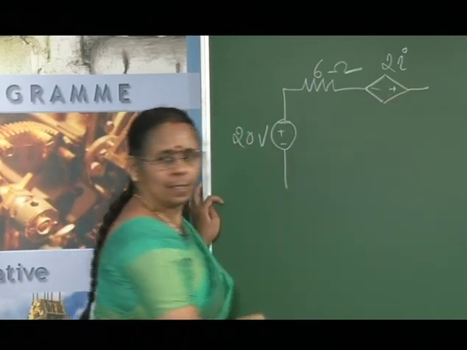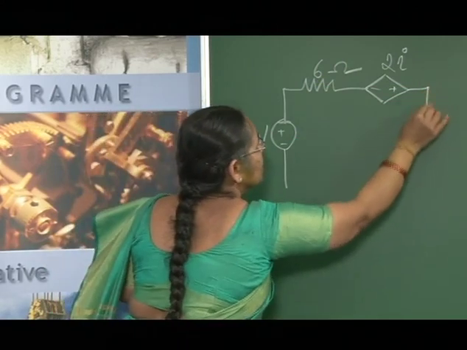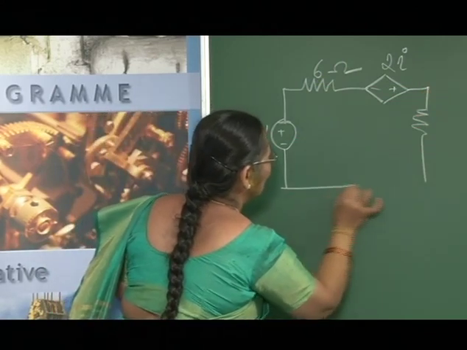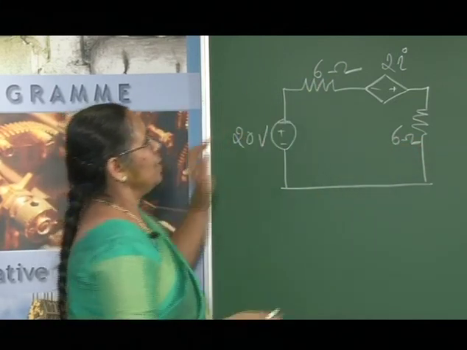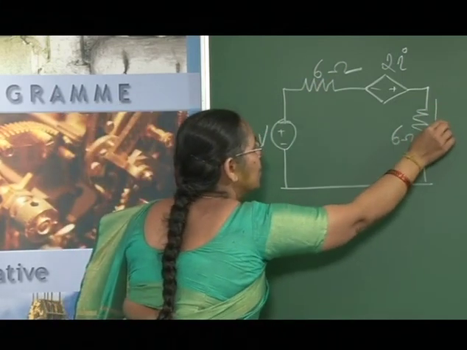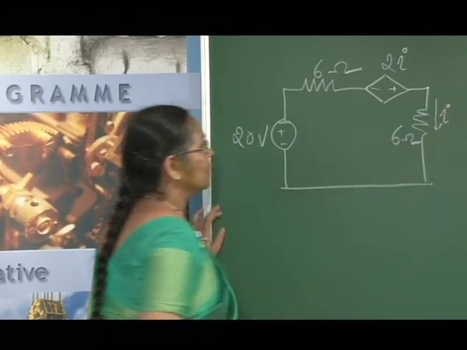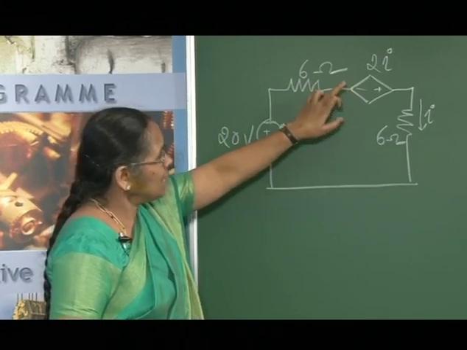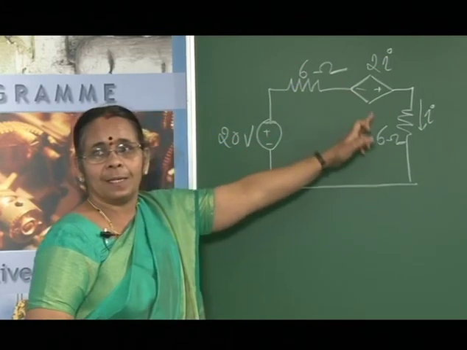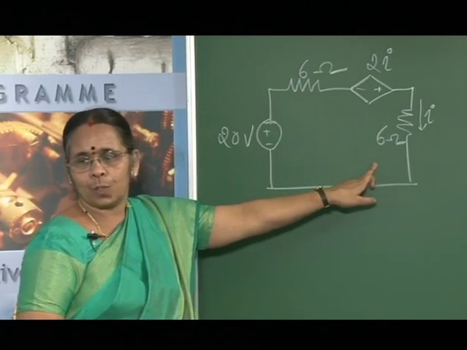Then you have a 6 ohm resistor connected in the circuit here, and I is the current flowing through that 6 ohm resistor.